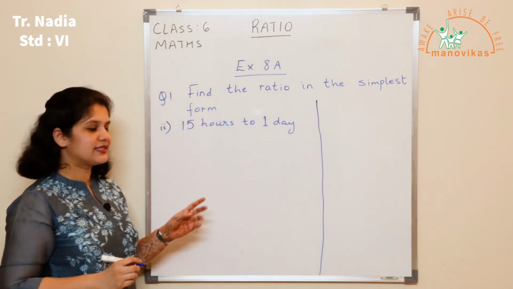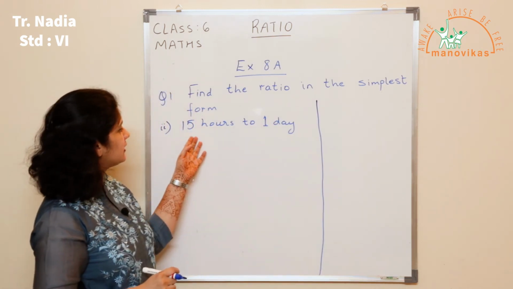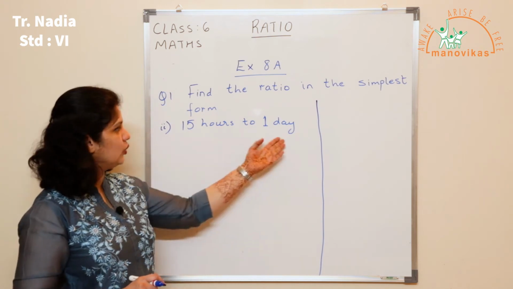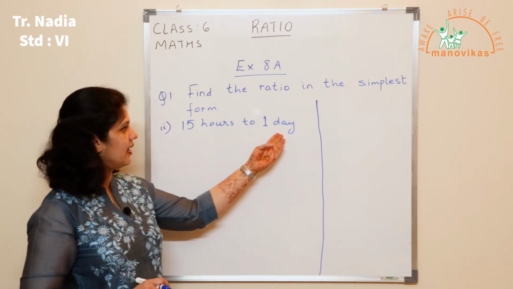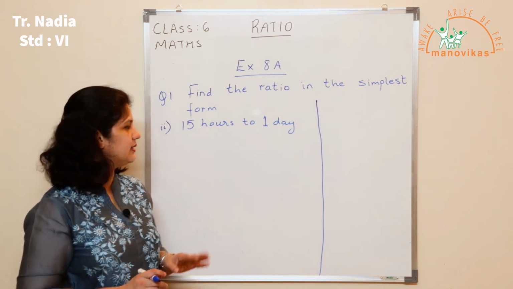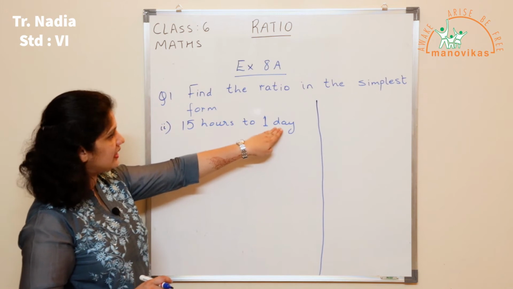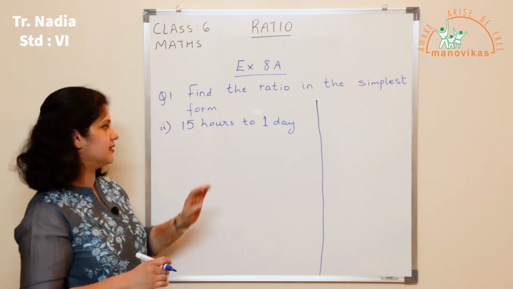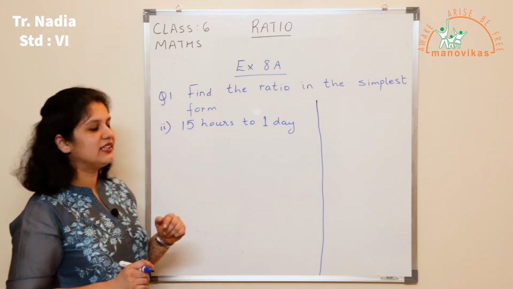Okay, now the second sum over here says ratio in the simplest form of 15 hours to 1 day. Again, the units are different. One is in hours, the other is in day. So let us first make them both into the similar units. So the higher quantity is day over here. Let us convert the higher quantity into hours. So how will you convert day into hours?